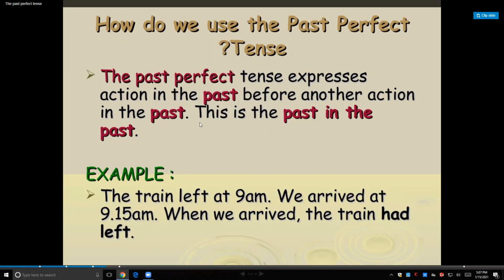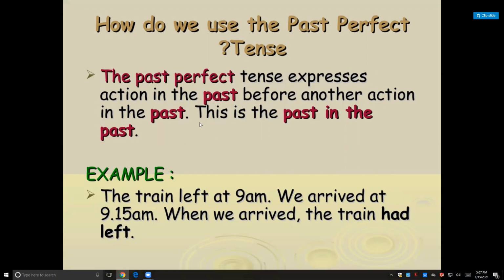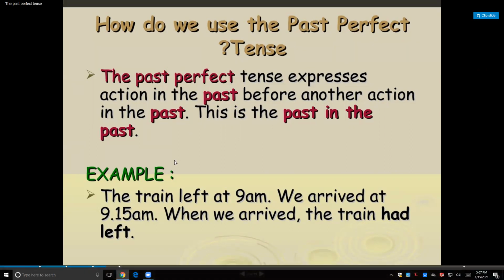So there are basically two actions which take place in past, and since one of them happens before the other one, we keep one part in past simple, and the other part which takes place before the first part is in the past perfect tense.